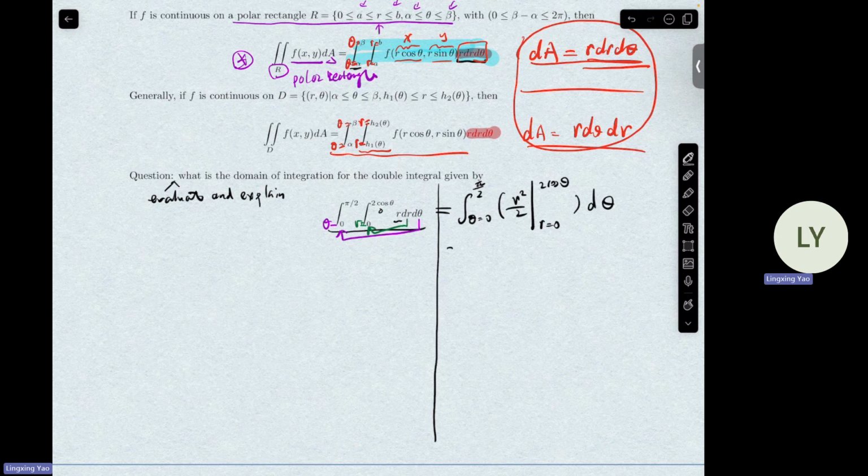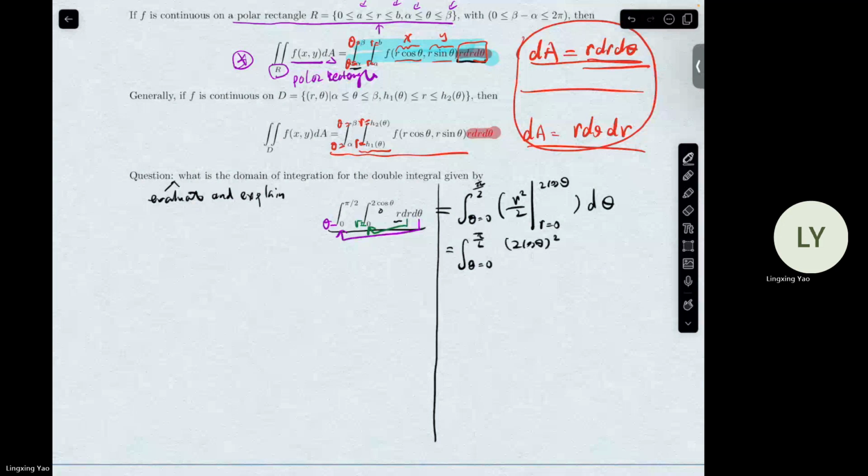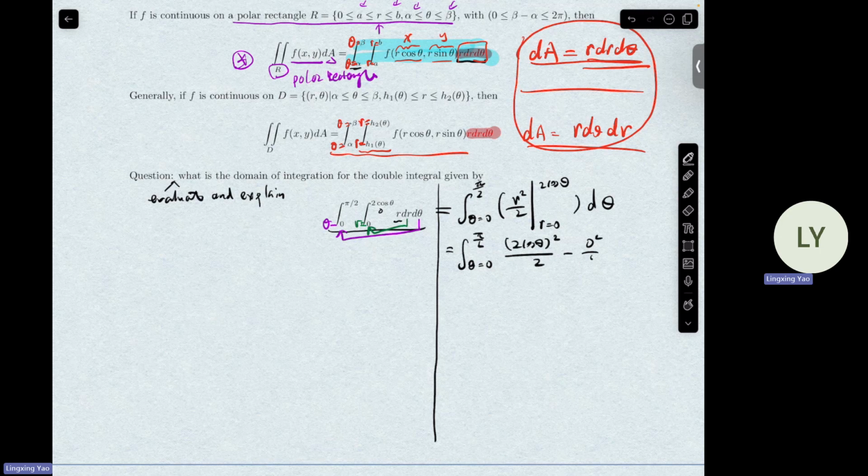So this is what we have. Now we can continue. So we get (2 cosine theta) squared over 2 minus 0 squared over 2 d theta. This is becoming 4 times cosine squared theta over 2, which is 2 cosine squared theta, for theta between pi over 2 and 0.